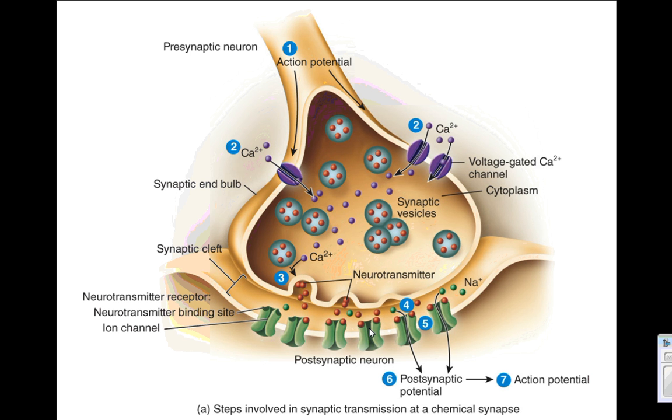And then they open up and allow ions in or out. In this case, sodium is going to come in. So we've had our action potential spread to that point.